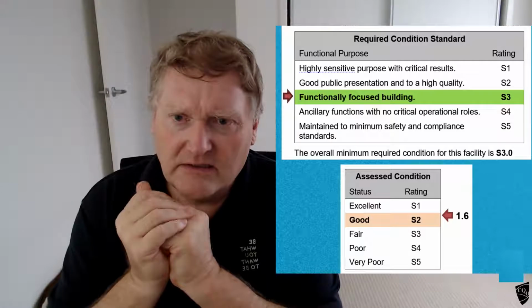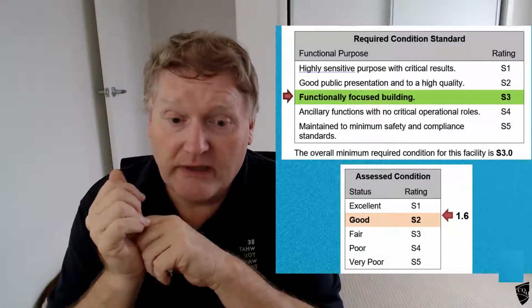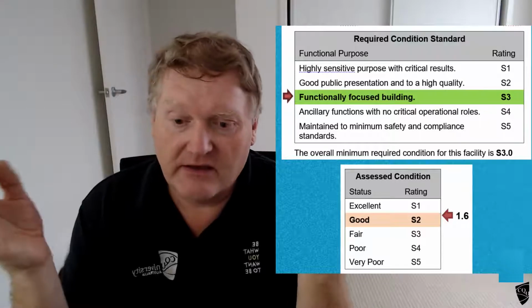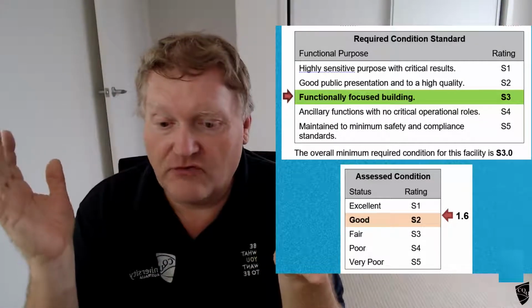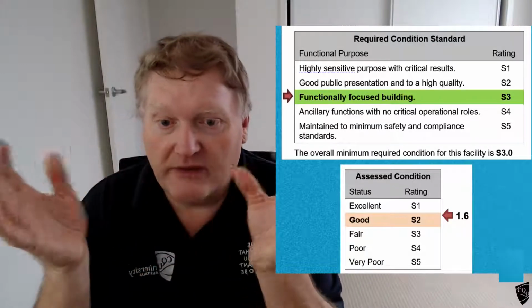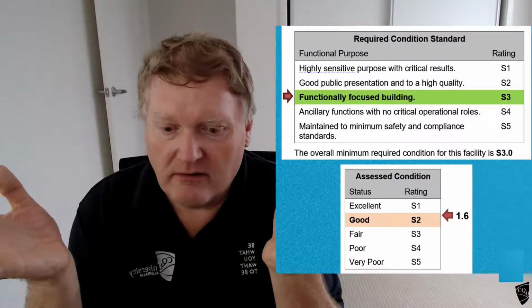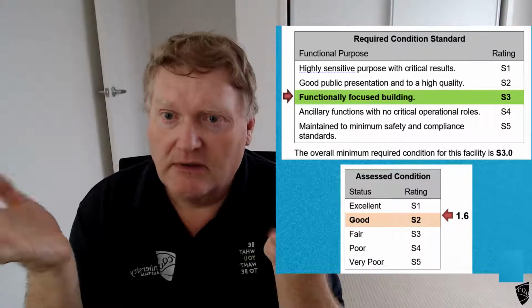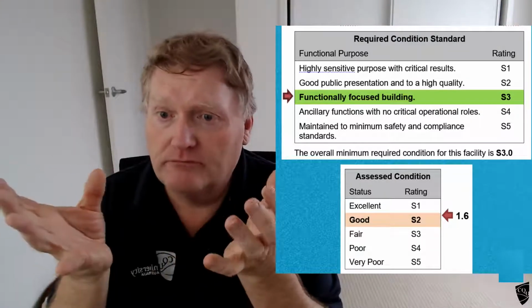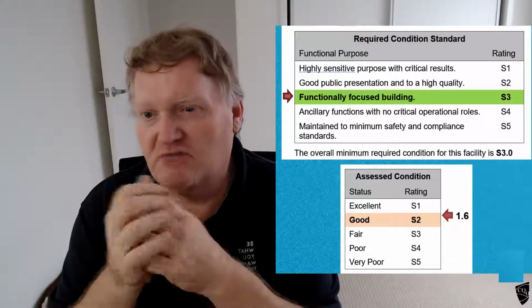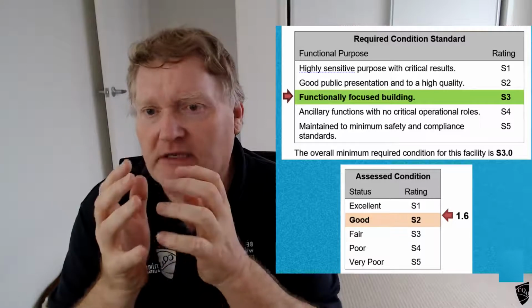High quality things, which could be the entrance foyer to a theatre, the atrium and entrance lobby to an office building, or the shopping area of a reasonably good quality shop, or your mall. That would be an S2. That'd be good presentation, and generally to a high quality, because the public see that part of it.